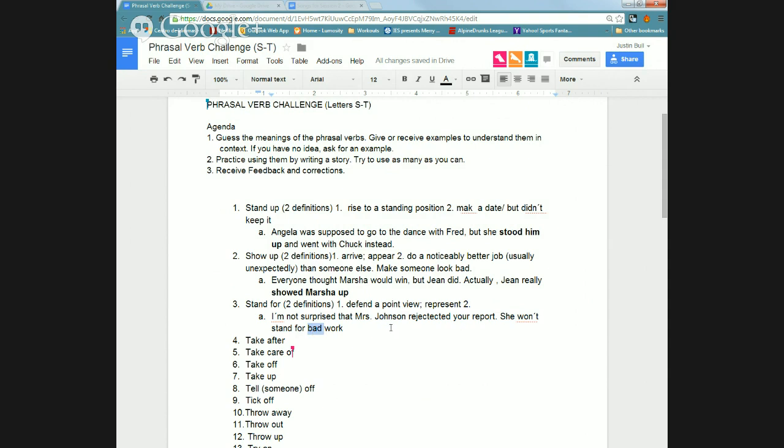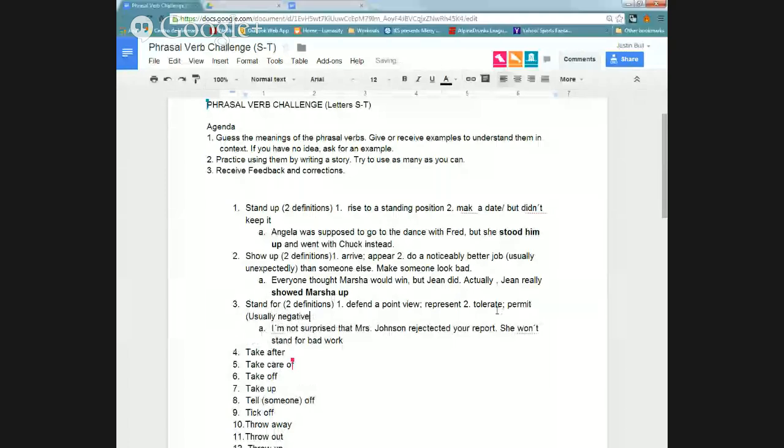What do you think that means? That she won't support, she won't endorse. Yeah, or tolerate. Tolerate or permit. It's usually negative, okay? Good. All right, thanks, Julio.